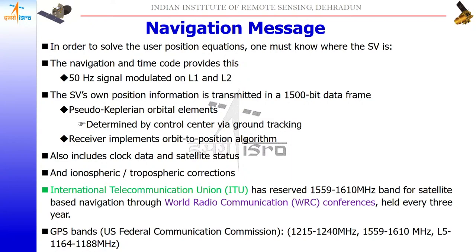If there is some mishap, meaning the orbit is not good and not optimum, then after receiving all this data the orbit is re-estimated, and the message is transferred again to the satellite so that it orbits in the proper manner around the Earth. As I told you, the ionospheric and tropospheric corrections are also done with the help of the navigation message.